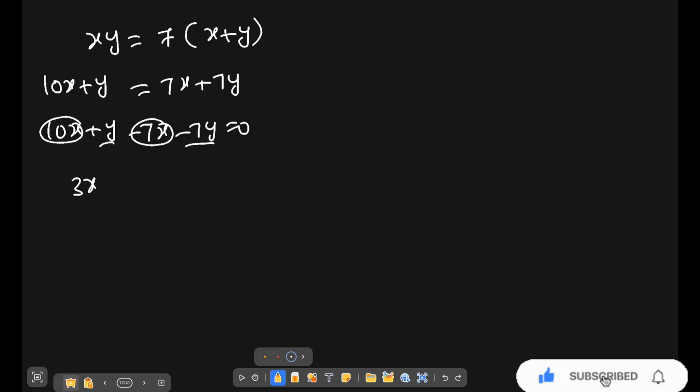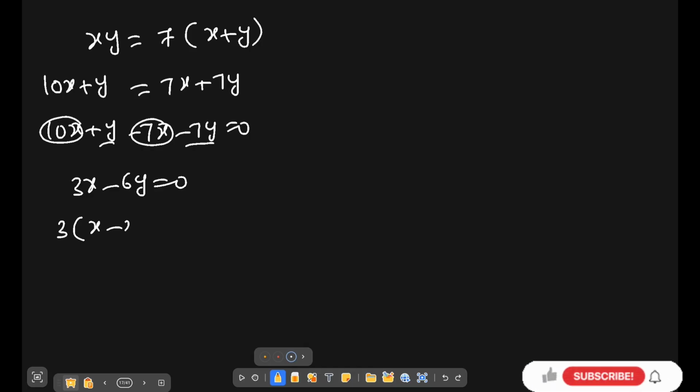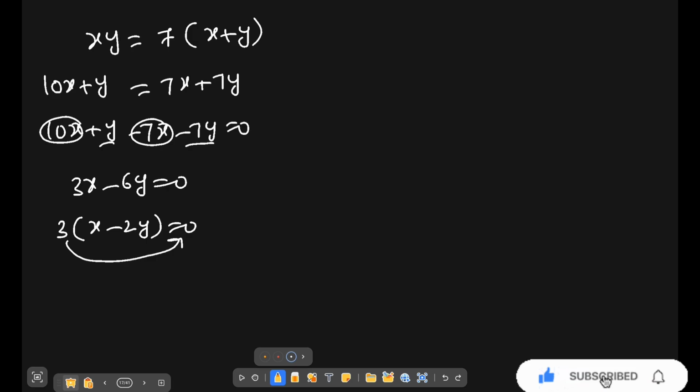Next, plus y minus 7y is minus 6y, equals 0. We can take 3 common. If we take 3 common, x minus 2y is equal to 0. Send this 3 to the right side, it becomes 0 by 3, which is 0. So x minus 2y is equal to 0. Let this be equation 1.